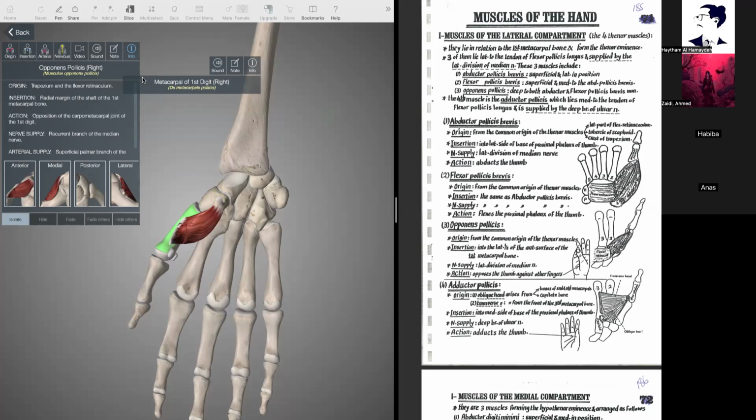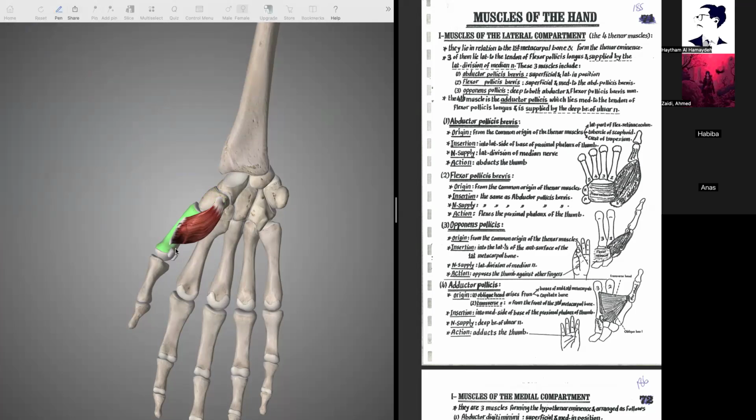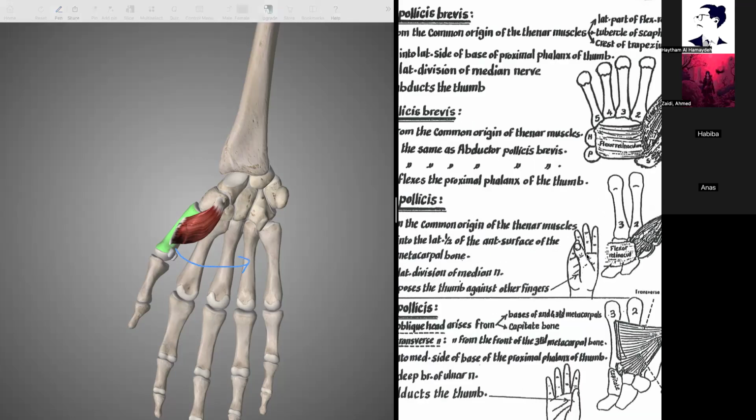And what's the function of this one? It causes the thumb to oppose the fingers. And you can see it here in the notes. That's what it does.